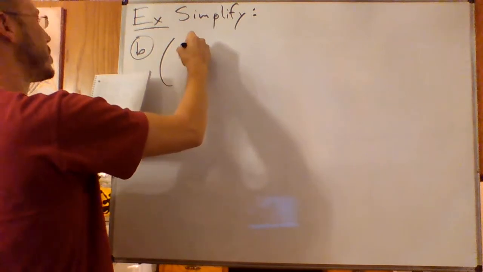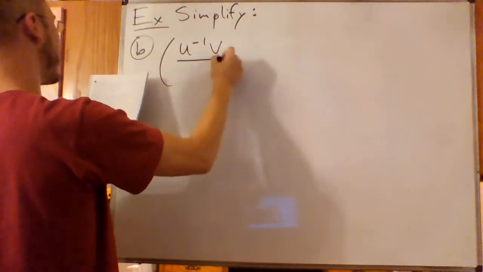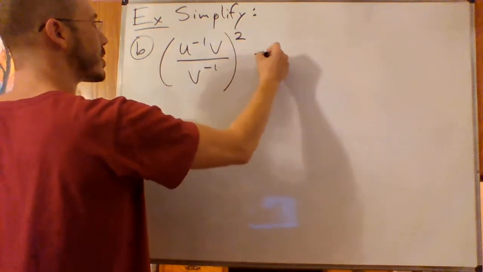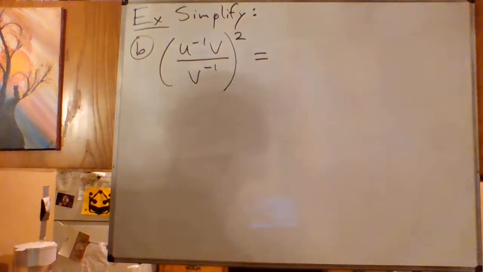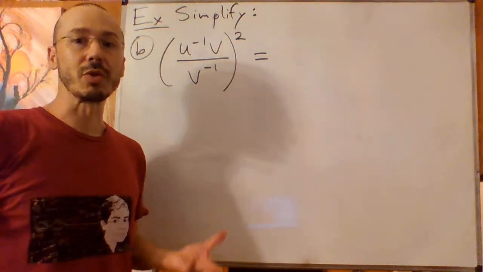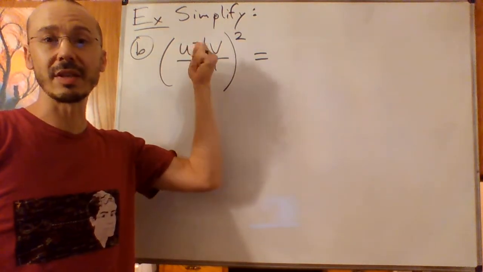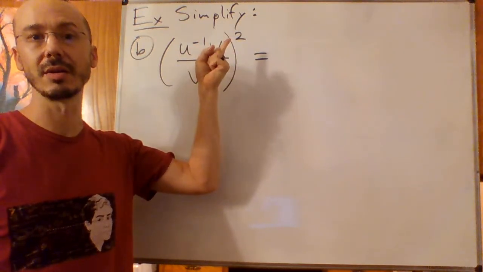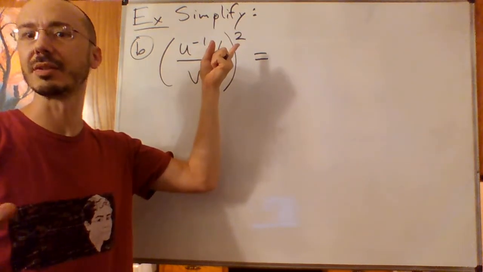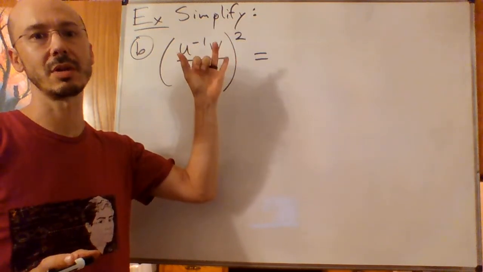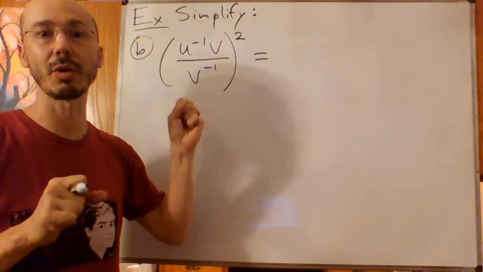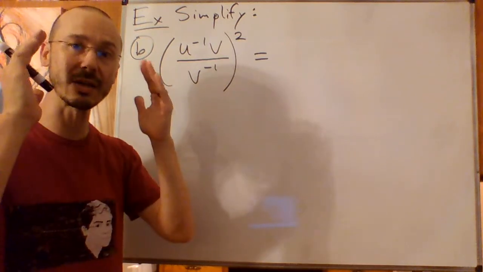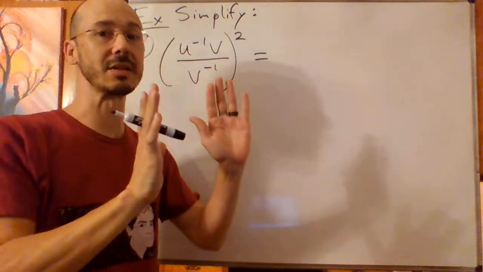It says u to the negative 1 v over v to the negative 1 squared. There's more than one way to do this. You can actually simplify the thing in the parentheses first and then apply the power of a product. Here I'm going to use the power of a product and power of a quotient at the same time. It's not difficult if you think of that idea of it's like distributing.